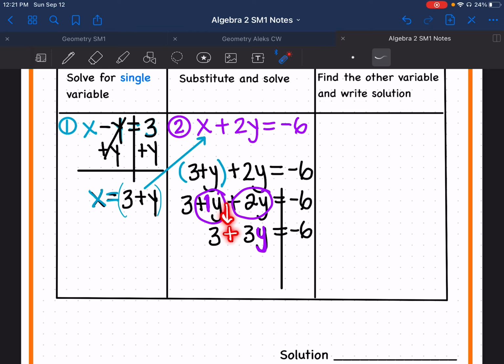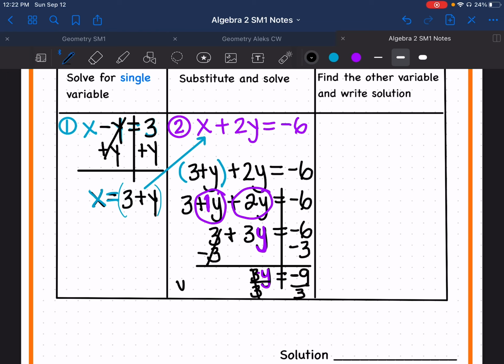I see plus, it is a positive 3, so to get rid of it, I'm going to subtract 3. Be very careful. It is a negative 6, and you're taking away more from it, which will give you a negative 9. Remember, you want to get rid of that multiplication, and so you're going to go ahead and divide. Y is going to equal negative 3. There's our first answer.